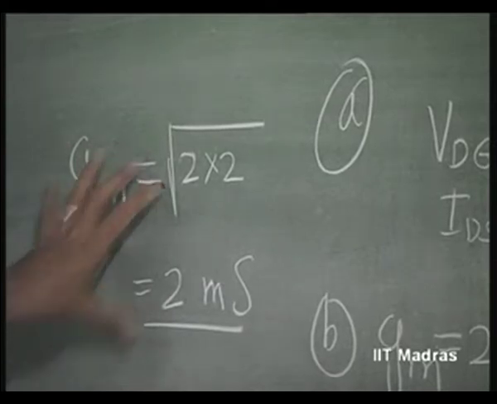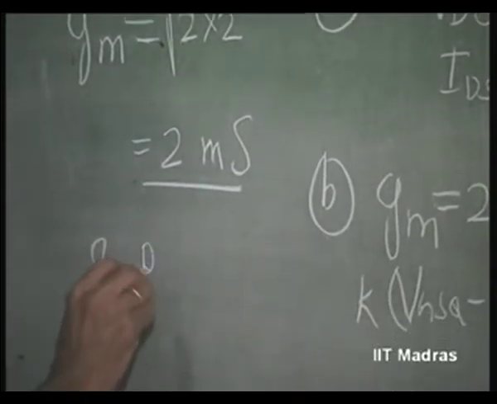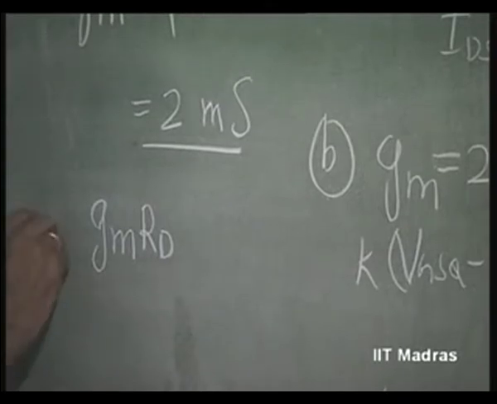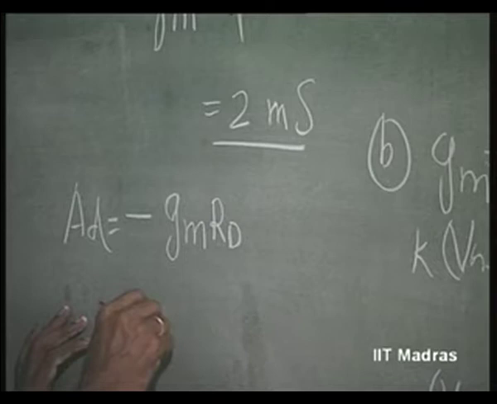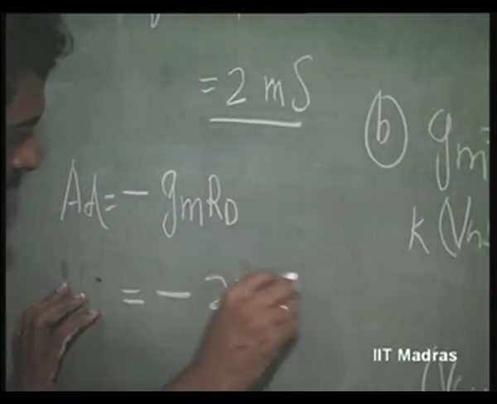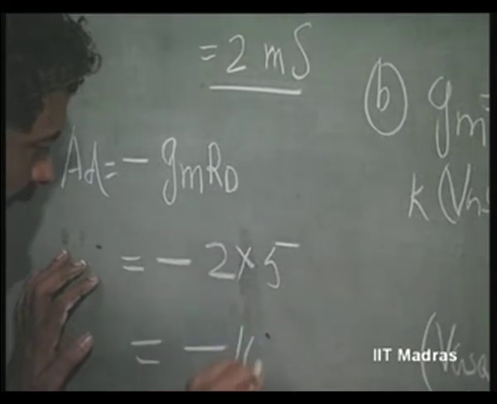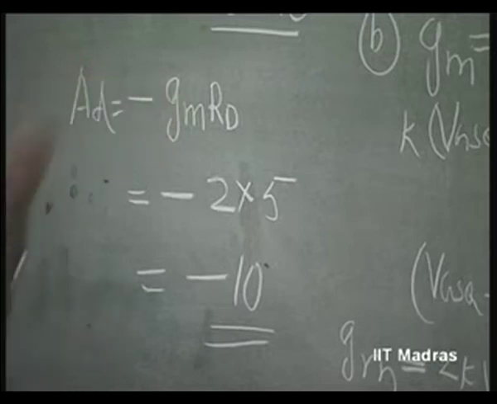So, the gain of the differential amplifier is simply minus gm into RD. This is the differential mode gain. So, this is equal to minus 2 into RD, which is 5K, so this is minus 10.